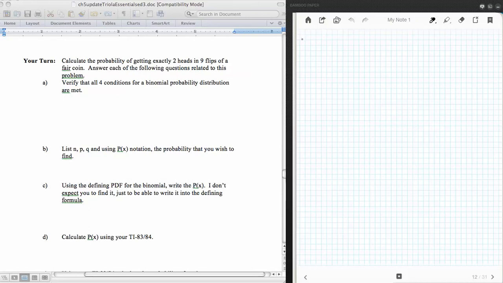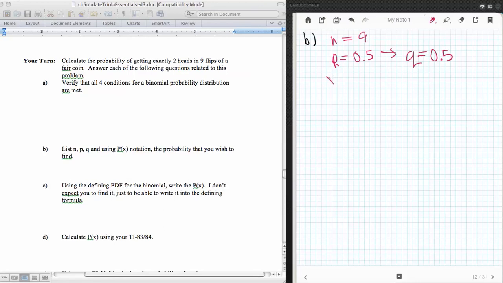Now, the second thing that we note, I already noted these before, so let me go ahead and rewrite them. We have n number of trials, where n is the 9 flips of a coin. The probability of getting a head is 0.5. The probability of getting a tail is also 0.5, which is 1 minus the probability of a success.